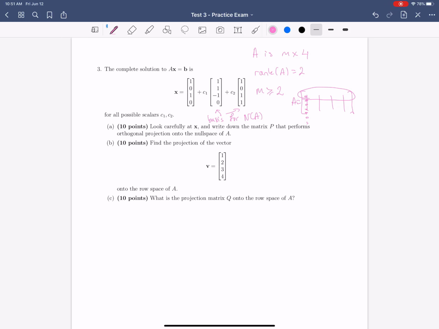Okay, backtracking. This is a basis for the null space of A.